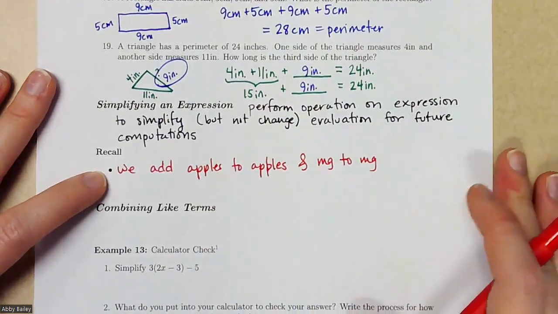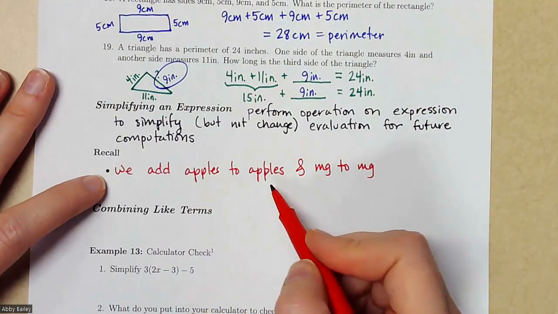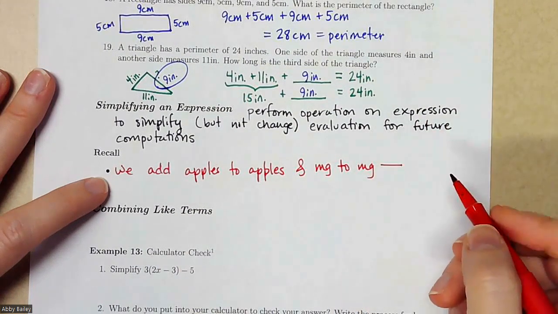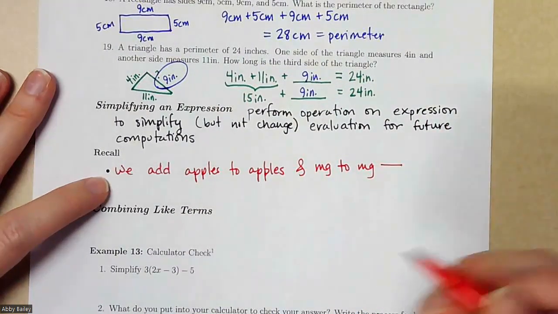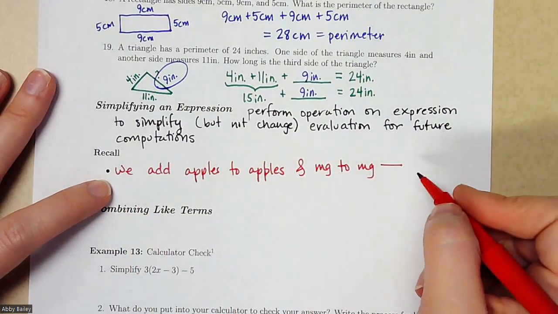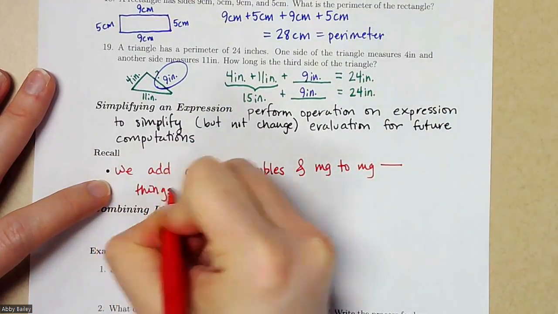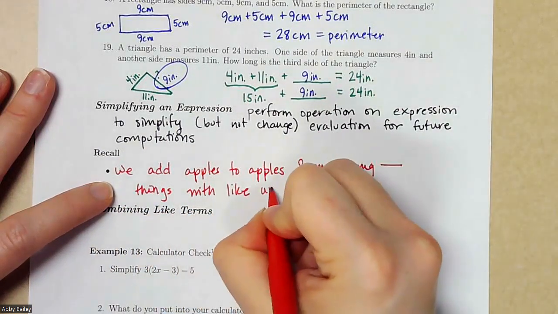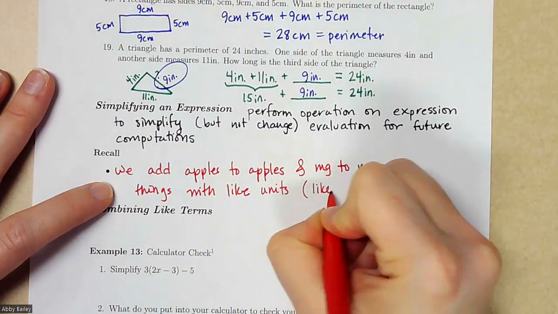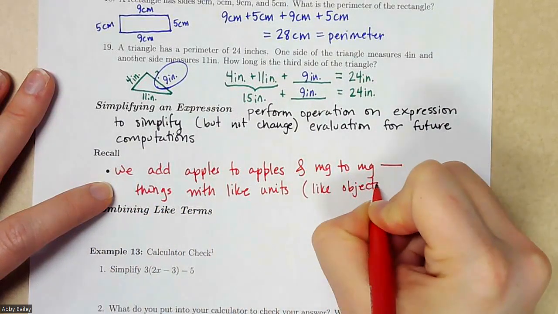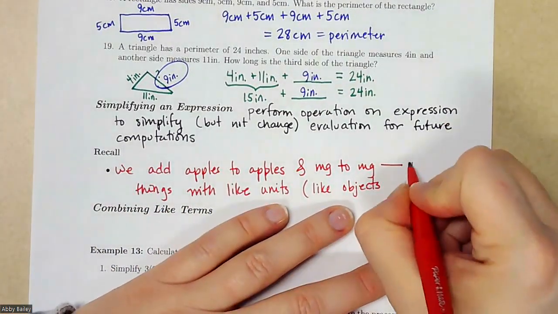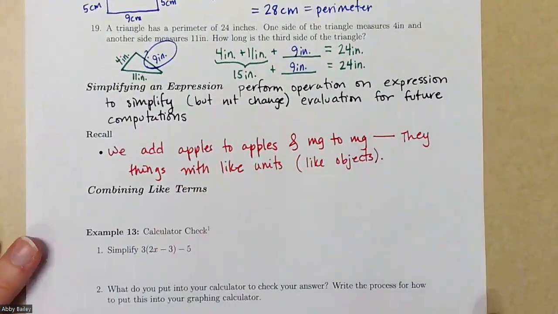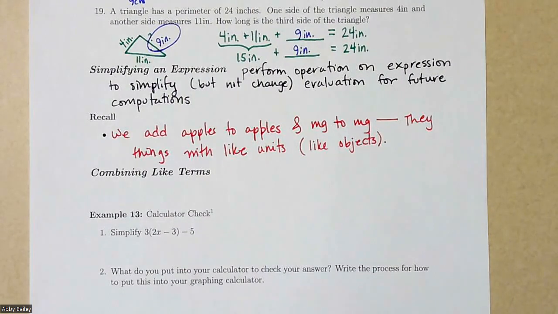So what I want us to recall is like objects or like units. So we add like things. We acknowledge their commonality. So then we say, we're going to combine like terms.